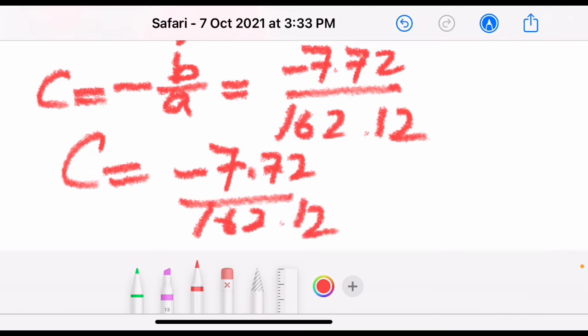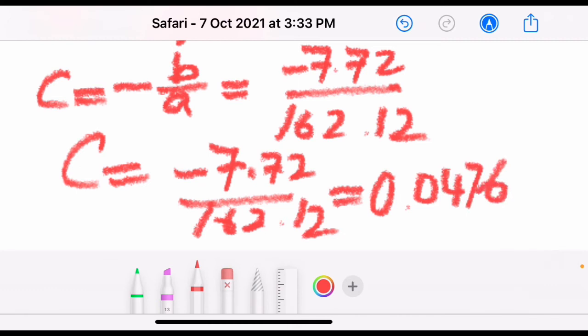Let's divide 7.72 by 162.12. Our answer is 0.04762. This is the constant C.